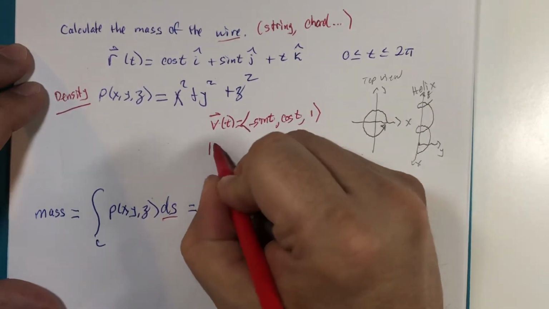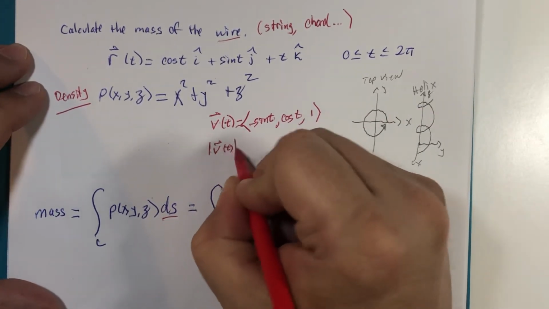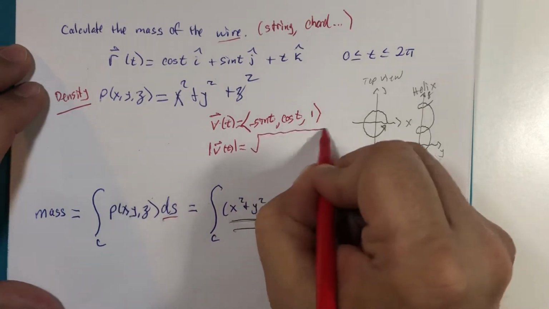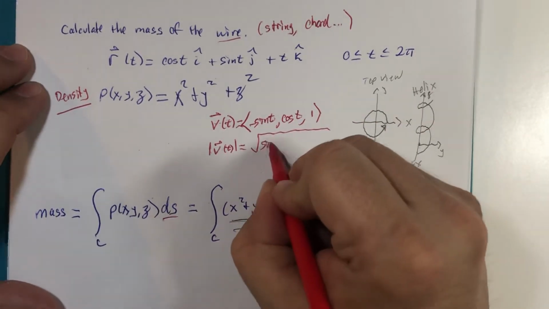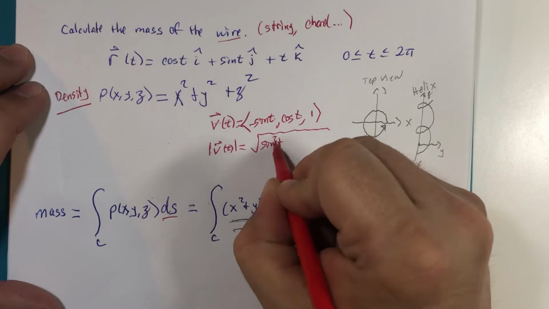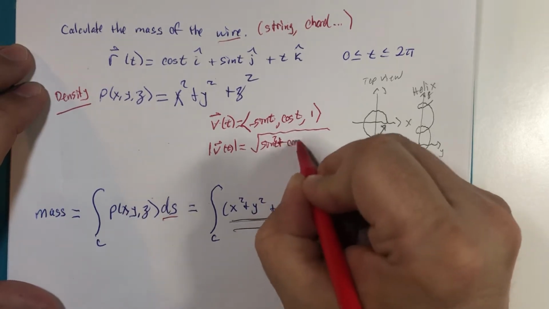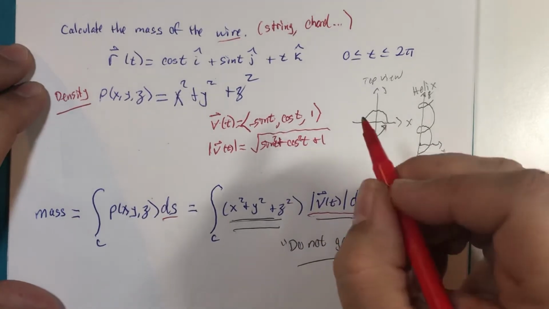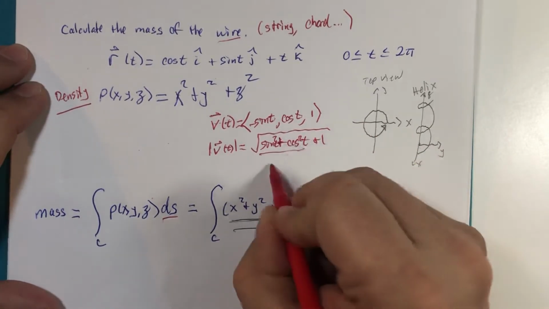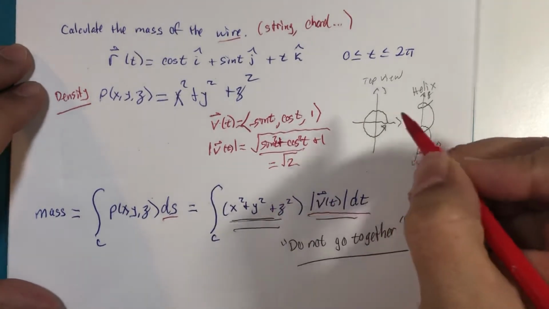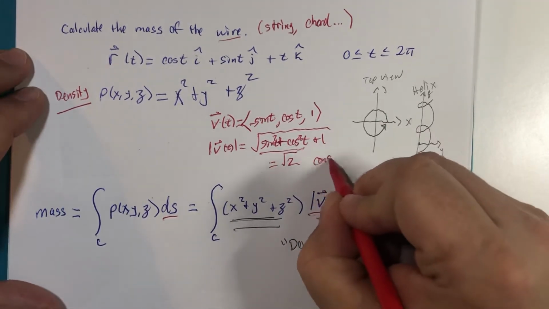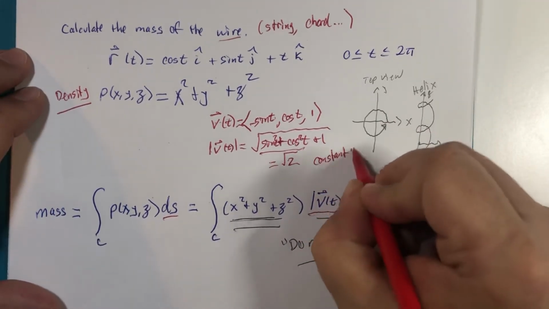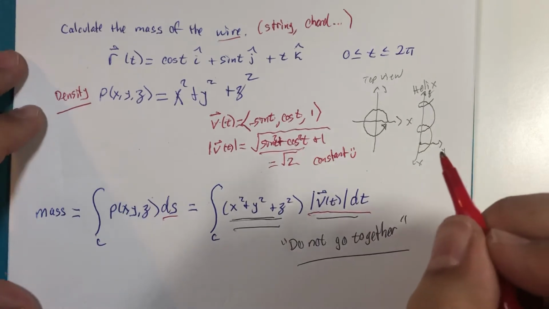The magnitude of the velocity vector is the square root of sine squared t plus cosine squared t plus 1. That's equal to the square root of 1 plus 1, which is the square root of 2. Constant. Kind of nice.